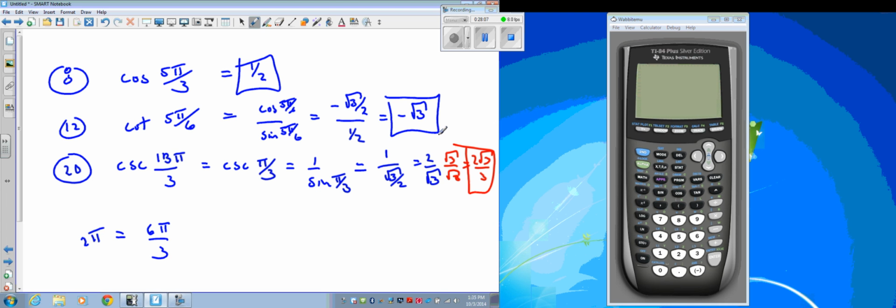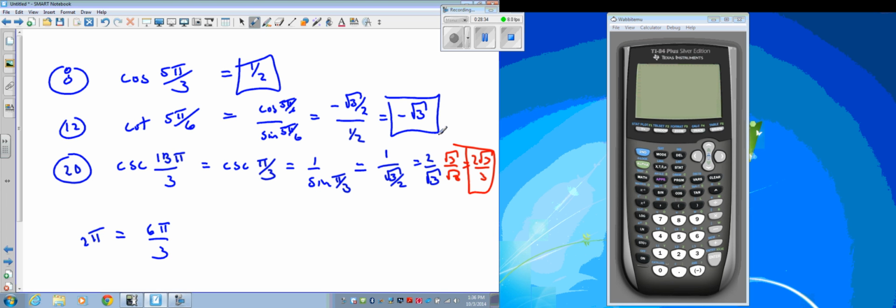If your denominator is 6, you take successive 12s out. If the denominator is 4, you take successive 8s out. If it's 3, it's successive 6s. If it's 2, it's successive 4s until you get in one rotation.